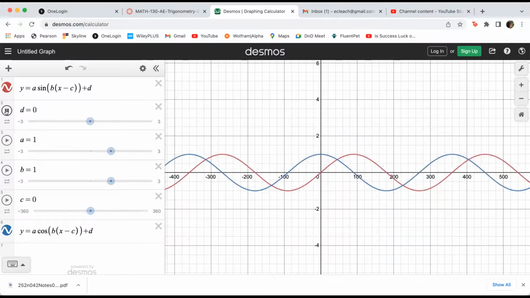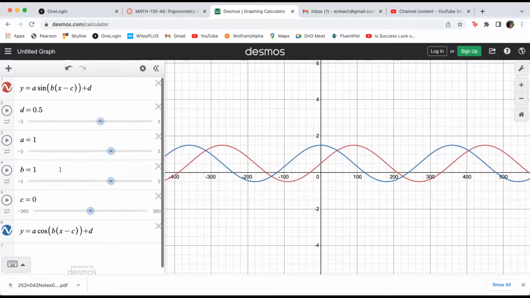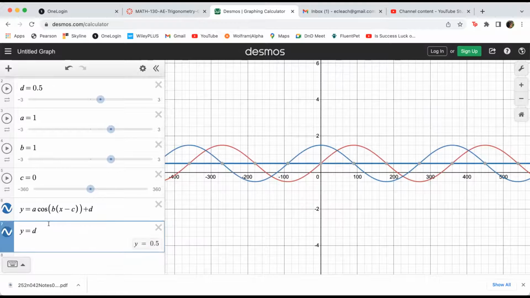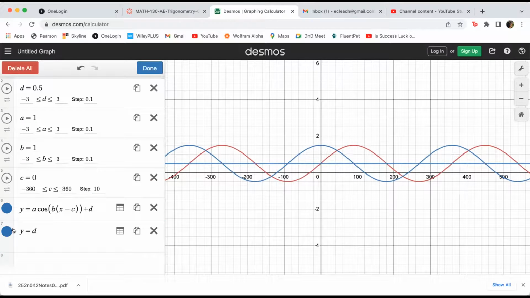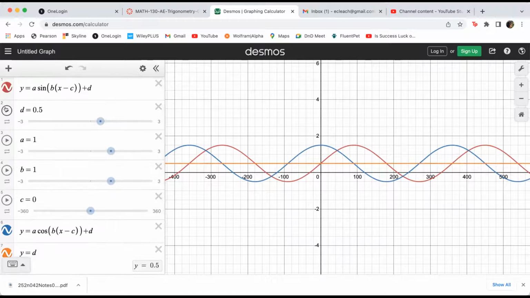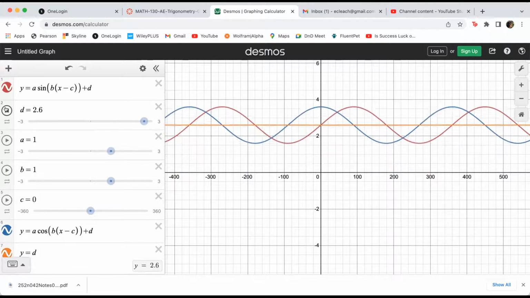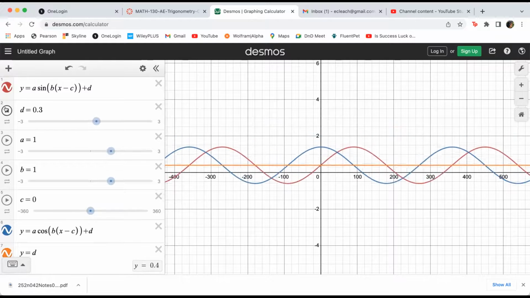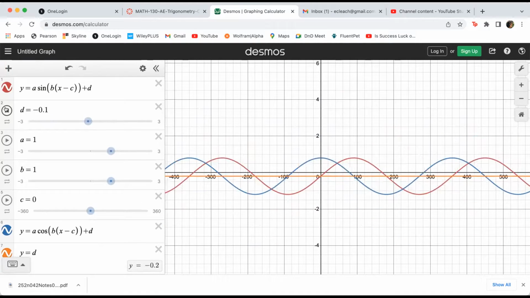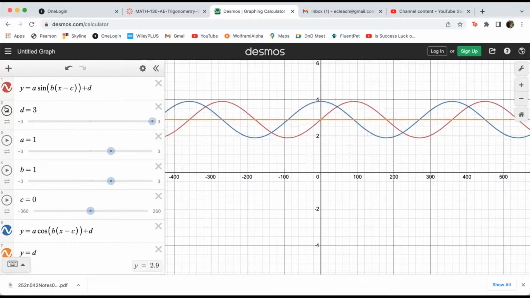If I pause this, we can see, and include the graph just y equals D. Why does it just keep copying colors? There's so many to choose from. If I animate again, notice that if I just look at y equals D, the vertical shift, that's showing me the middle of the graph.